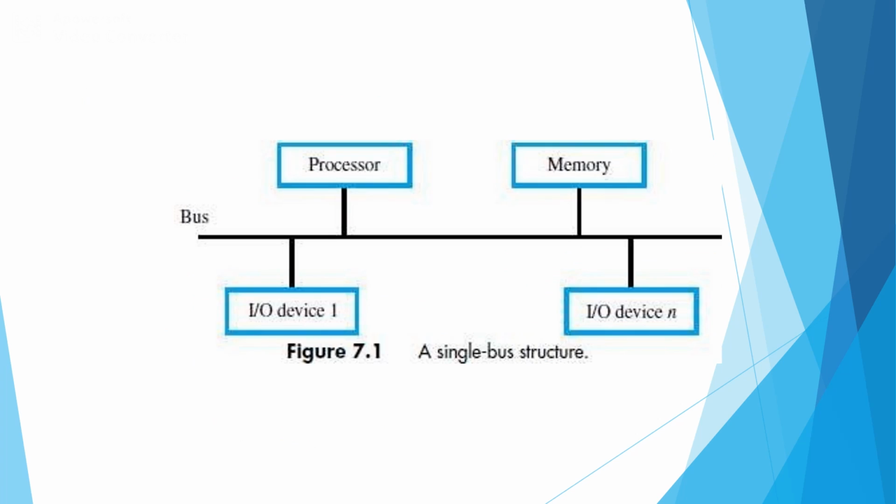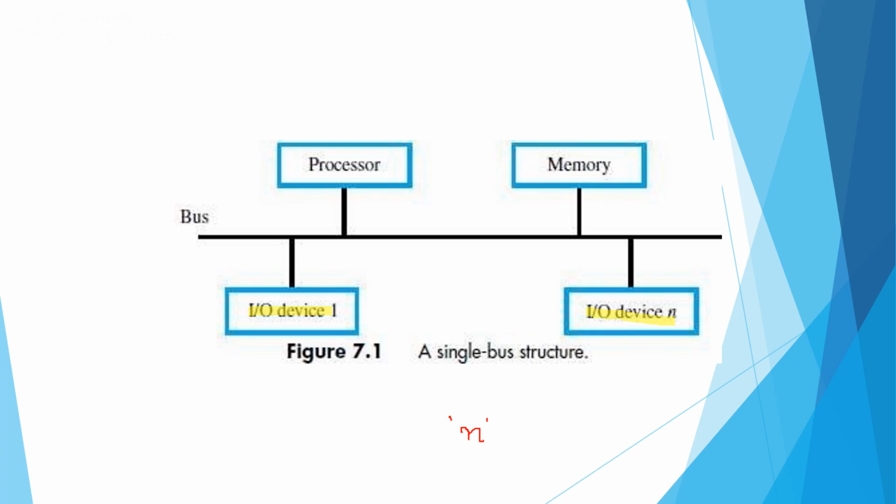Now here we can observe I/O device 1, I/O device 2, till I/O device n. So we have a total of n I/O devices which are connected to a single system bus, and the processor as well as memory is also connected to the common bus.